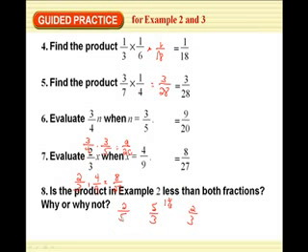Is it less than 2/5? Is 2/3 less than 2/5? Common denominators, that'd be 6, that would be 10. No, one of them is and one of them's not. It's less than 5/3, but not greater than 2/5.